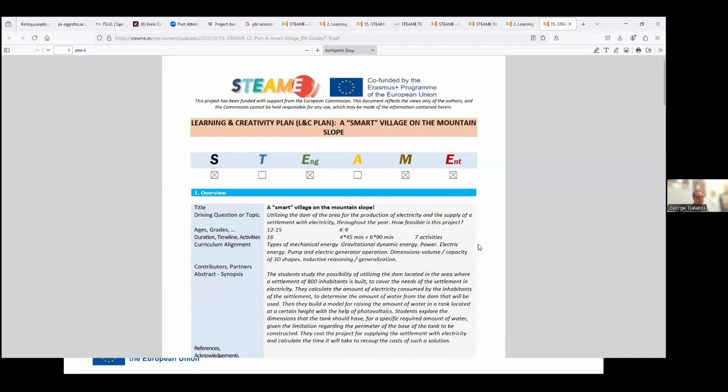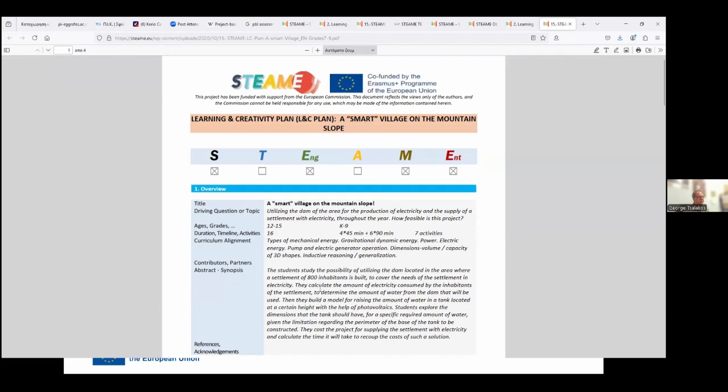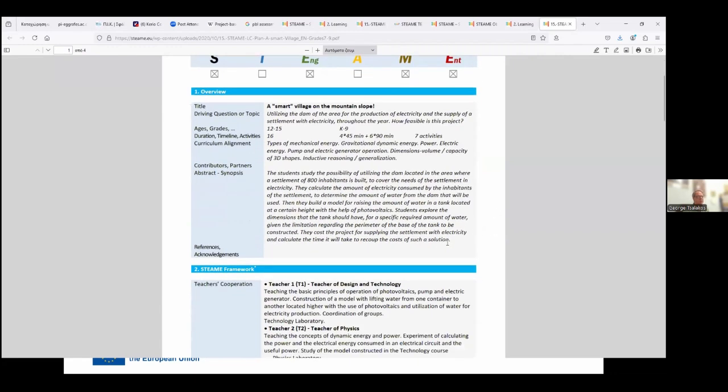This is an idea that was proposed some years ago here in Cyprus, because we have a lot of sun, but what about night? And this is a real-world problem for Cyprus, how to collect and store energy, so you can use it in times when there is no sunshine.